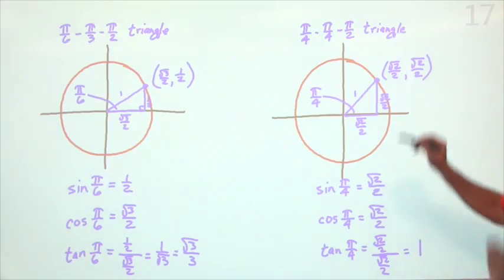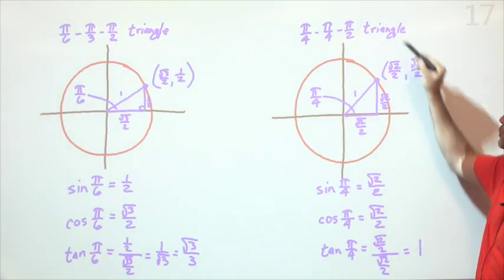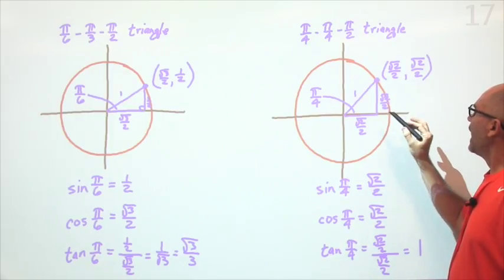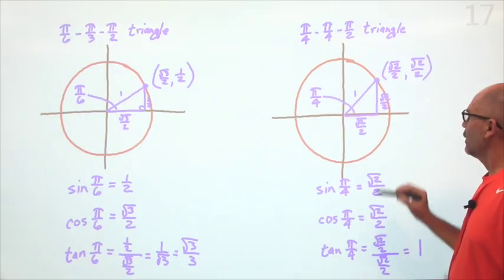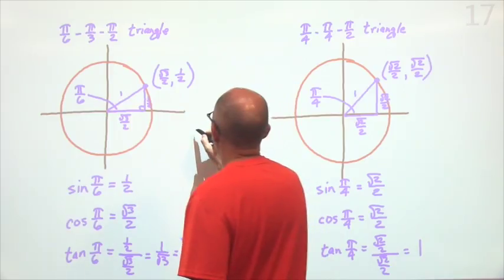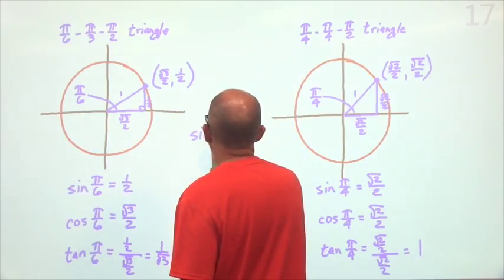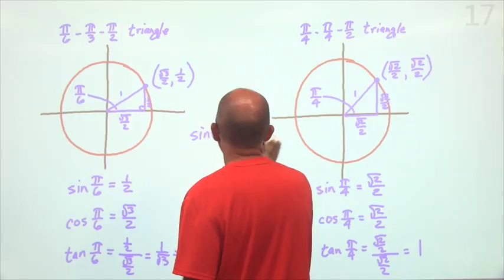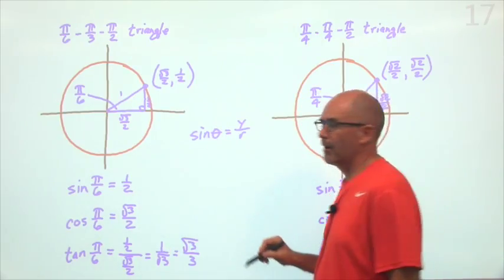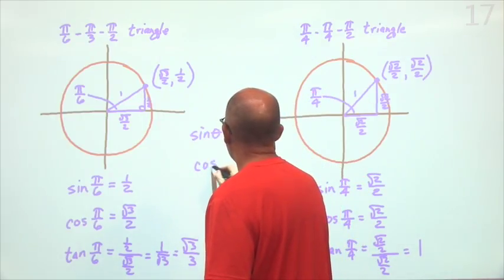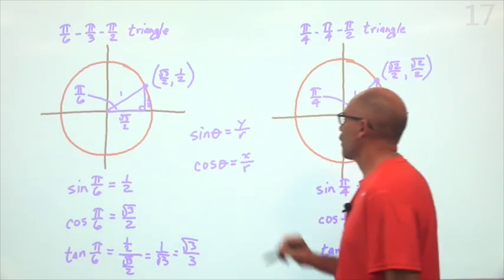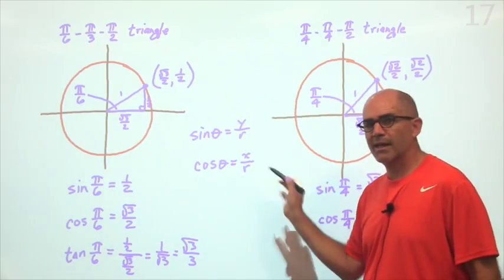Now, the pi over 4, pi over 4, pi over 2 triangle, same thing's going to happen. The sine is the y value. The cosine is the x value. Now let's go through that real quick. Sine of any angle is going to be y over r. But remember, r is 1, so sine equals y. And the cosine of any angle is going to be adjacent over hypotenuse, x over r, but r is 1, so cosine is x.